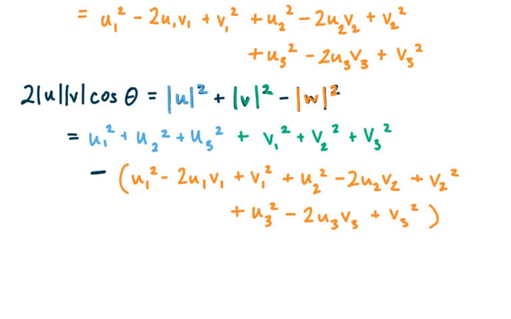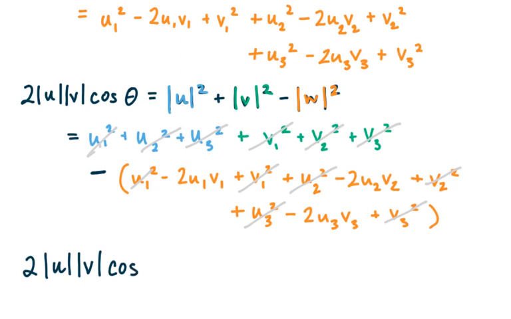And what we'll notice is we have U sub 1 squared minus U sub 1 squared, cancels. U sub 2 squared minus U sub 2 squared. U sub 3 squared minus U sub 3 squared. V sub 1 squared minus V sub 1 squared. V sub 2 squared minus V sub 2 squared. And the V sub 3 squared minus the V sub 3 squared. So what we are left with is 2 times the magnitude of U times the magnitude of V times cosine of theta.